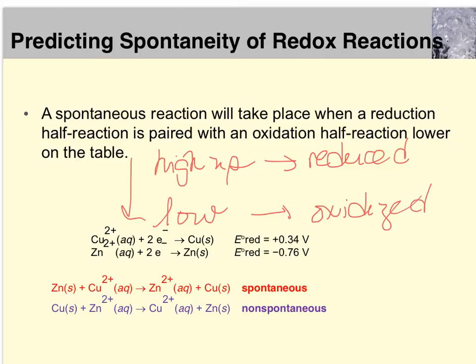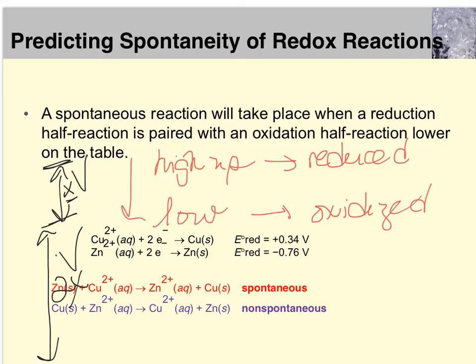So if you're trying to pick two substances for a battery, you want them to be as far apart from each other on that table as possible. Say you have some arbitrary distance between two substances and it generates X voltage. If you widen the difference between the two substances, you might have 2X voltage, but you'll definitely have more voltage. So the farther apart they are on that table, the more electrical energy you'll get from that battery.